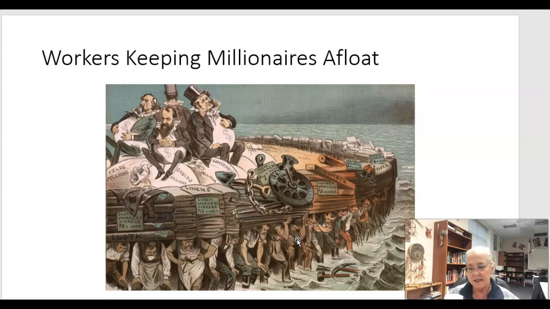Now, a lot of this is based off of something called social Darwinism. Social Darwinism was based off of the theory of Charles Darwin of the survival of the fittest, which means that the strong will survive and the weak will be weeded out. And that's going to be applied across business and across society.